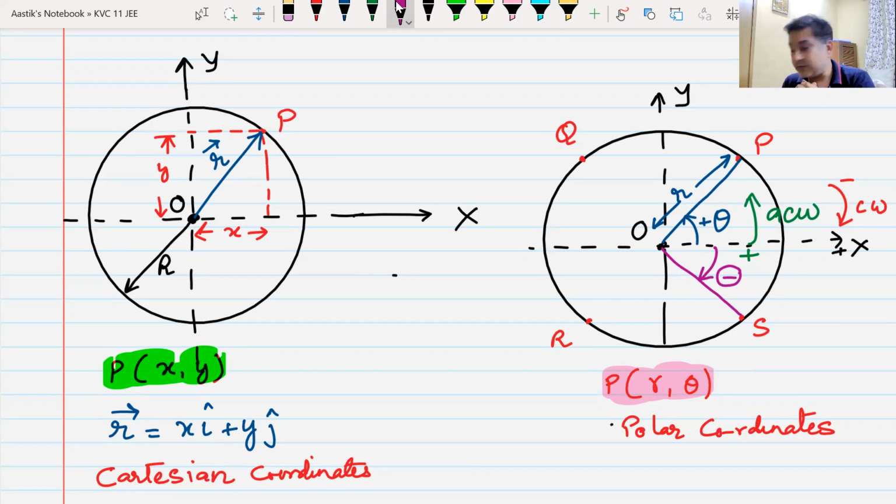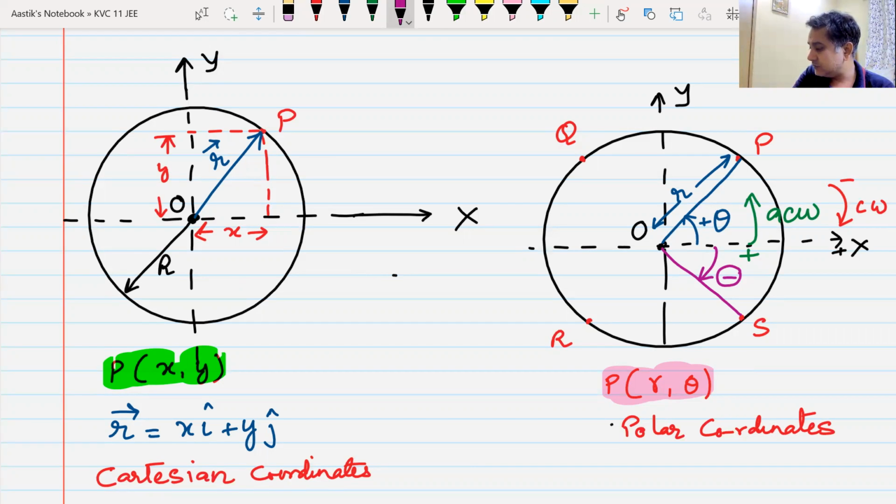If the angle from the axis is in the clockwise sense, it will be called as negative. So we use the sign convention for this angle, plus and minus. Do we understand this? Remember this sign convention, because this sign convention is what we are going to use throughout this chapter. Have you noted this down?